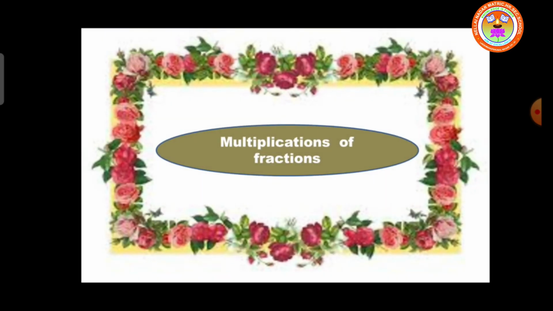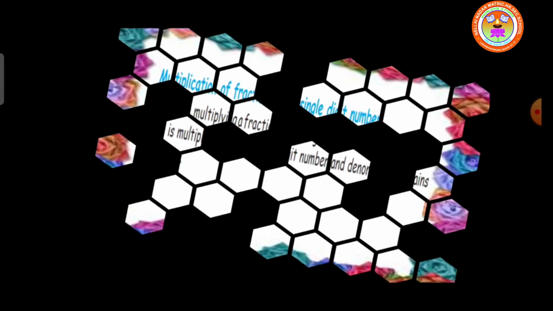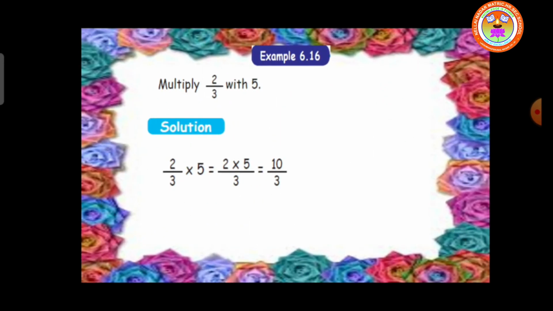multiplication of fractions. While multiplying a fraction with a single digit number, the numerator only is multiplied with the single digit number and the denominator remains the same. Let us see one example. Example 6.16.